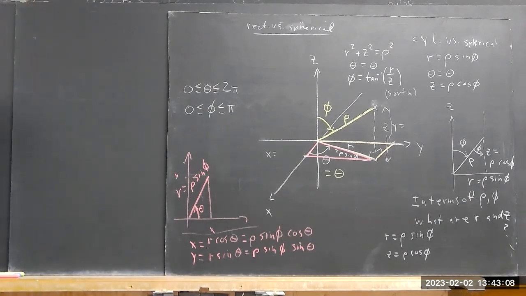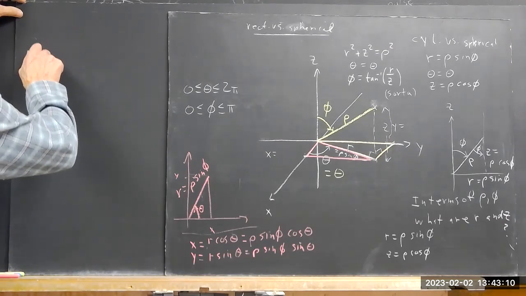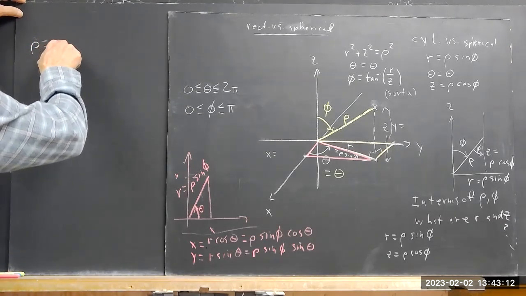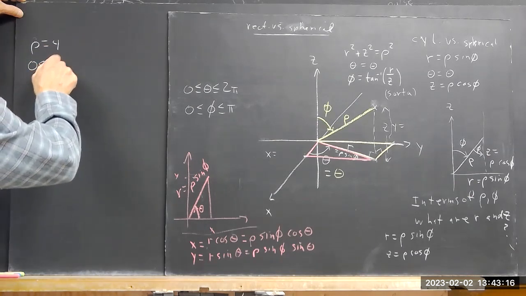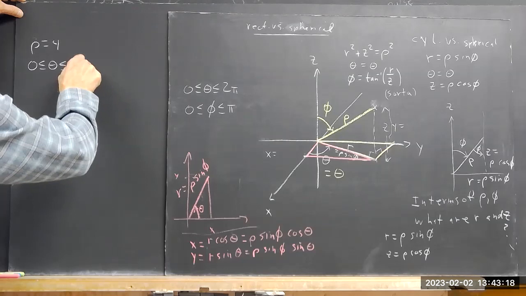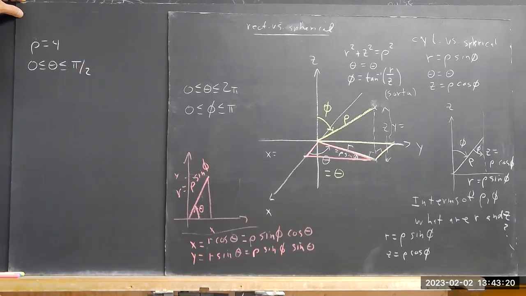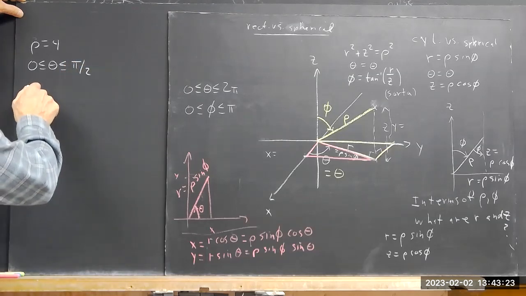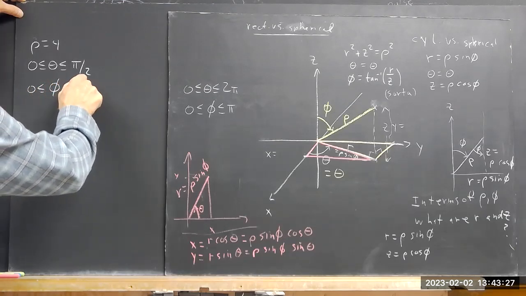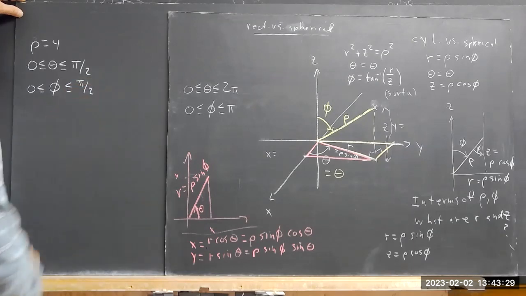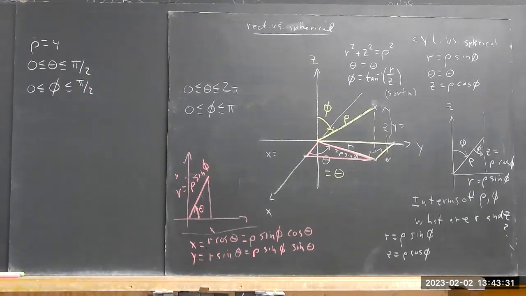How would you describe the surface rho equals 4, theta goes from 0 to pi over 2, and phi goes from 0 to pi over 2?